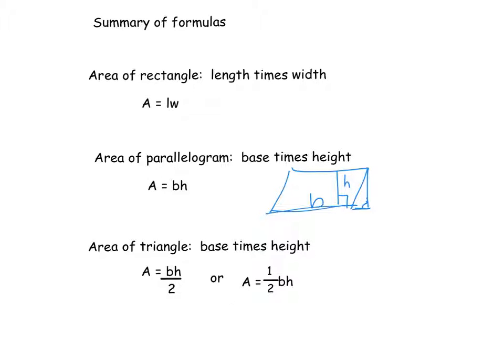And then the area of a triangle is base times height divided by 2, or 1/2 times base times height, because it is only half of that parallelogram or half of the rectangle.